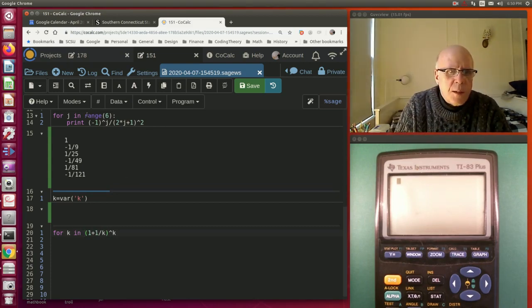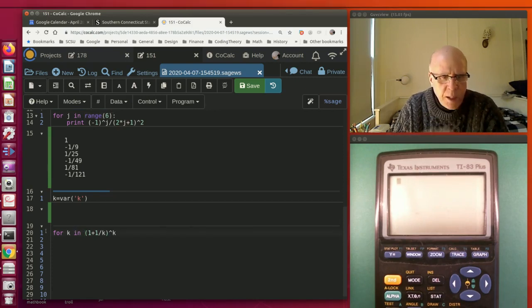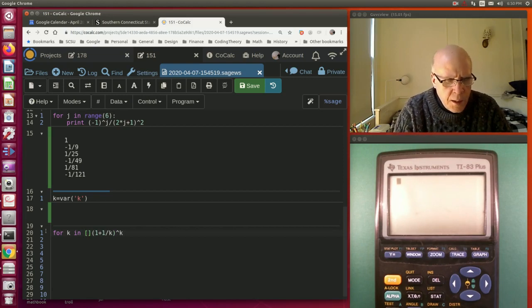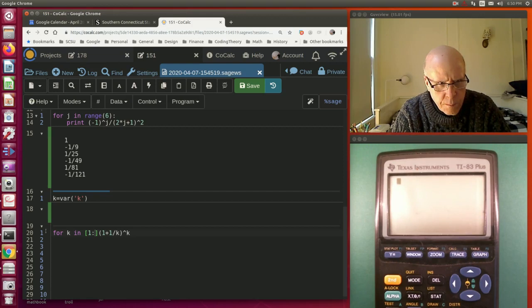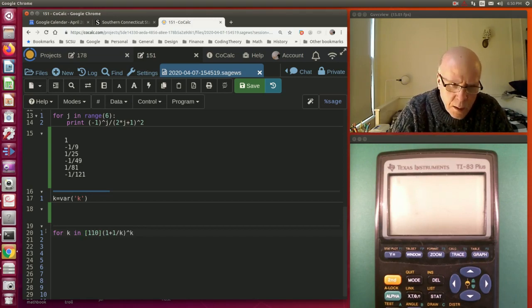I don't want to look at the range operator, because that begins with 0. So range 6, for instance, means 0 through 5. So I'm going to ask for k in 1 dot dot 10.